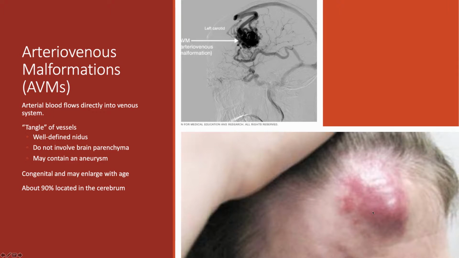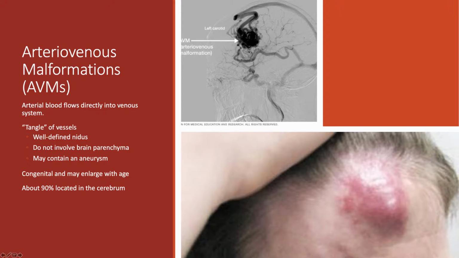When you have an AVM, the arteries and veins kind of get all mixed together. They don't have a good capillary network. Instead, the arteries and the veins communicate directly with one another. Now, if you know anything about veins, you know that they're not accustomed to carrying high pressure blood, and so you can have leaking in that AVM, and that can cause a neurologic event.